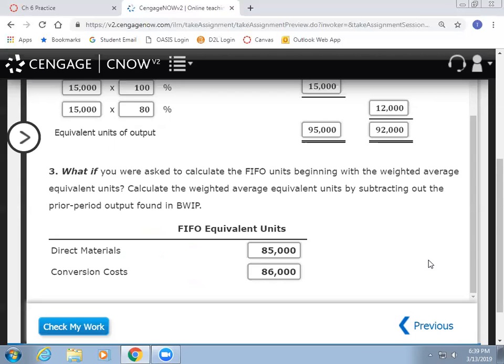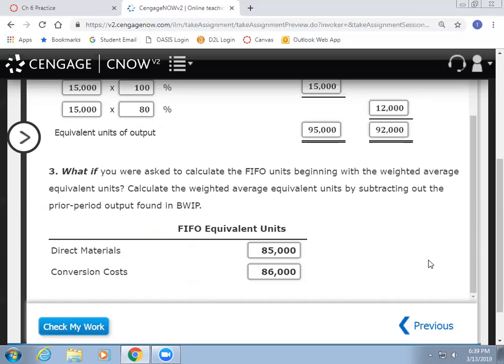I was looking to see, I don't think I had that on your notes. No. So that might be something you might want to write down for your notes. So if you wanted to figure out your equivalent units of production under FIFO, if you go from weighted average, you would take equivalent units of output minus beginning work in process equivalent units of production.